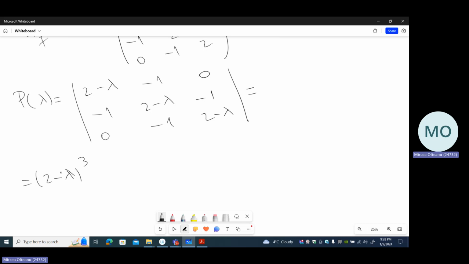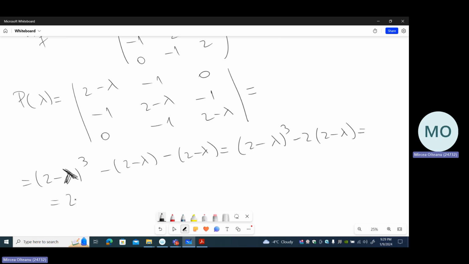We compute the characteristic polynomial. So it is (2 minus lambda) to the 3 minus 2 times (2 minus lambda).